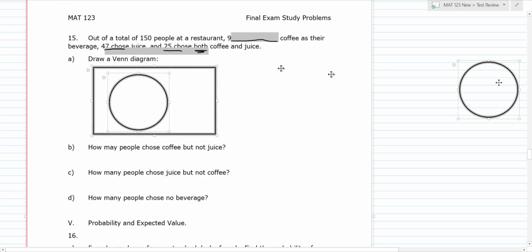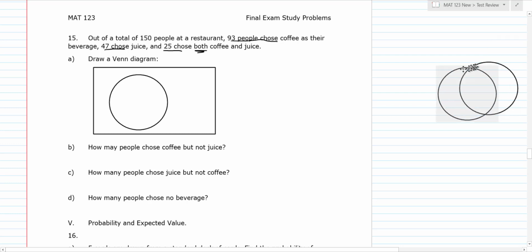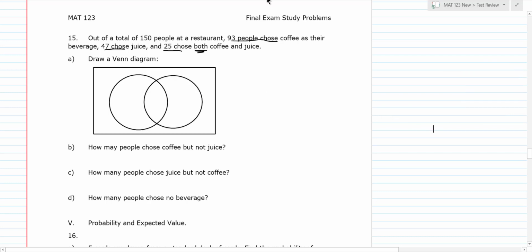Kind of hate it when it does that. Come on, grab the sucker. There we go. Okay, so I'll make them overlap. I'm just going to say C for coffee and J for juice. The key thing is both would go there. So the 25 goes there.